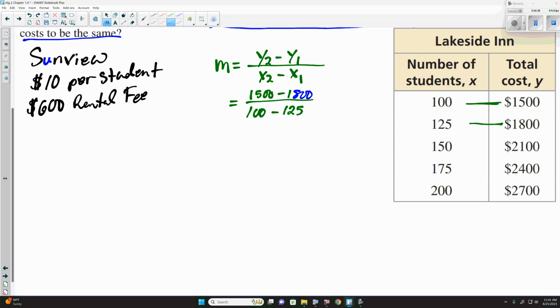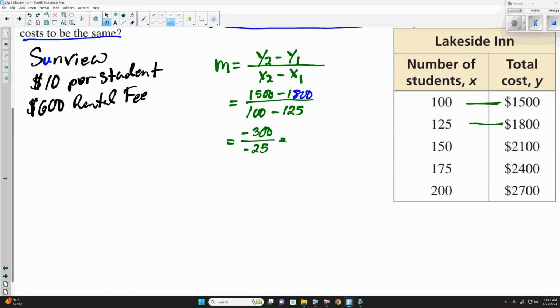Now at this point, we can plug this in to the calculator to find slope. We don't have to do this by hand. Now if we do this by hand, 1,500 minus 1,800 will be negative 300. The denominator, 100 minus 125, would be negative 25.